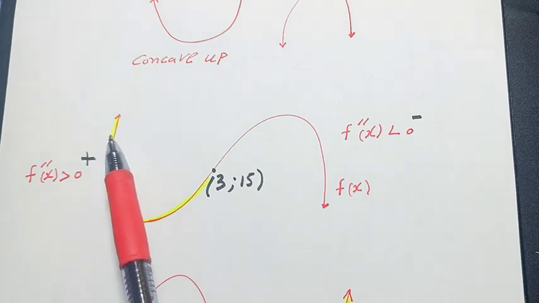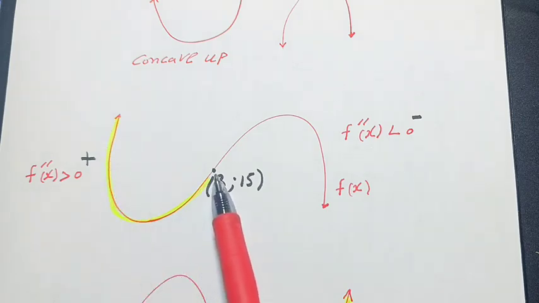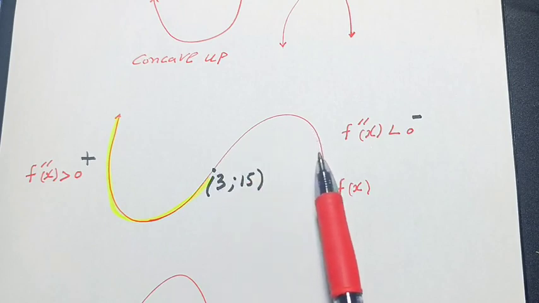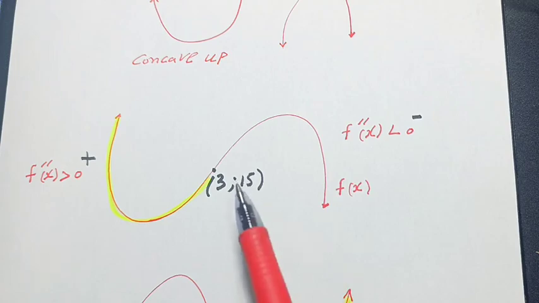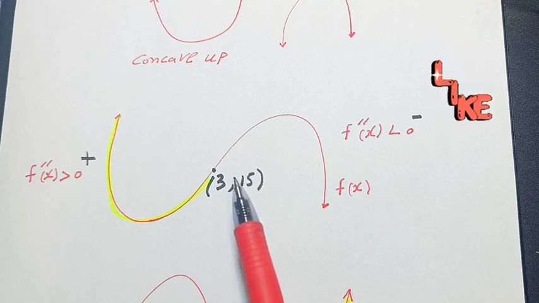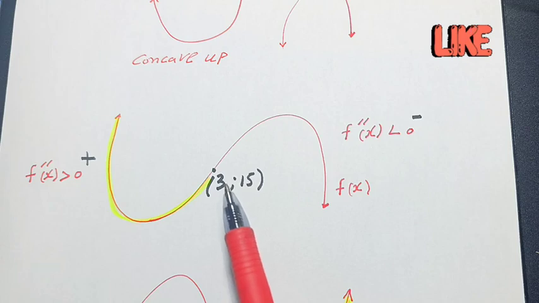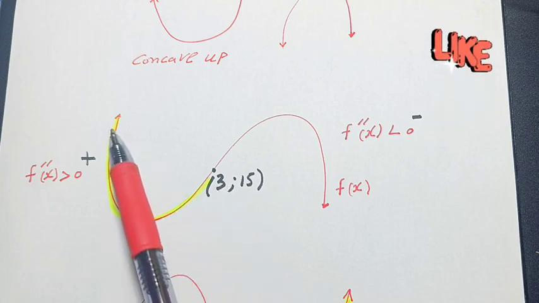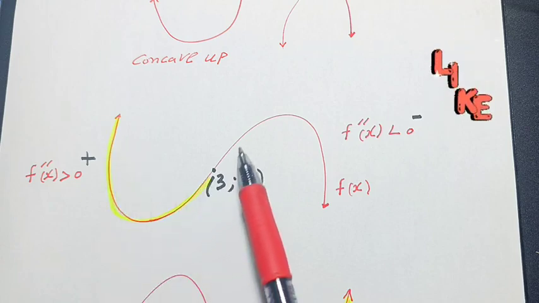This is a graph concave up. This is a point of inflection, and the graph is concave down. A point where a function changes from concave up to concave down is called a point of inflection. So concave up, concave down.